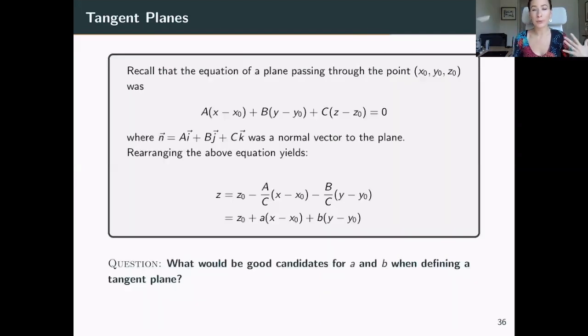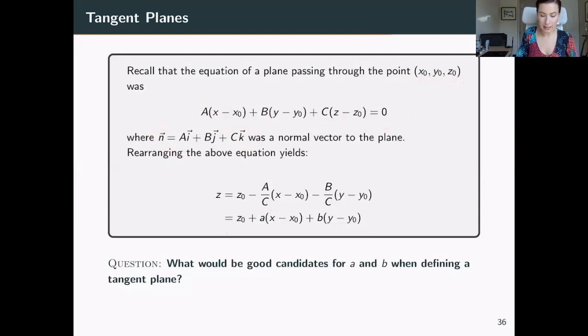We can recall from 2 weeks ago that we defined the tangent plane to be the following equation, where our constants a, b, and c were the components of the normal vector to the plane, at a point x naught, y naught, z naught. Now, after moving things around a little bit, we can write the plane as a function of x and y in the following way.